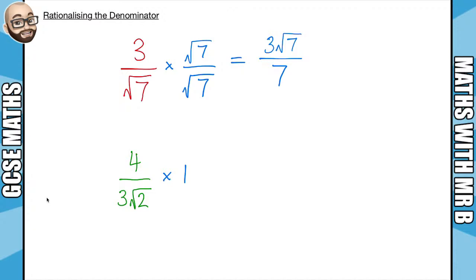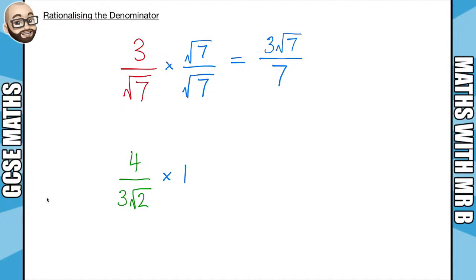There's nothing else I need to worry about here. The question said rationalize the denominator. We want the bottom number to become rational, and the bottom number is now rational. We don't have to worry about the fact that the top was rational and has now become irrational. There's nothing wrong with that. The key part is to make the bottom number rational, and that's what we've done.